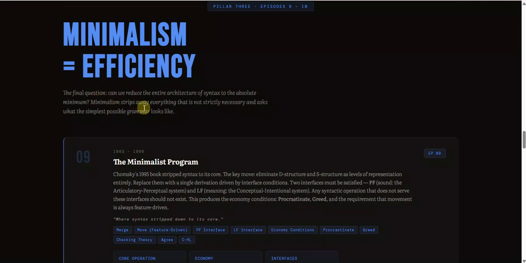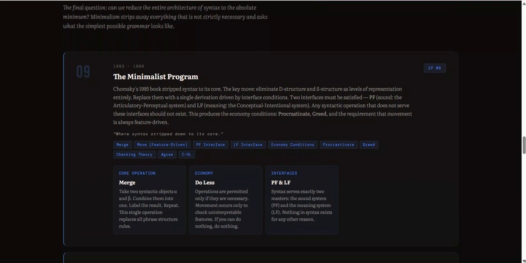So the final question that is asked is, can we reduce the entire architecture of the sentence to an absolute minimum? Minimalism strips away everything that is not strictly necessary and asks what the simplest possible grammar looks like. So it is about that things go complex, things can be simple, so focus on that.